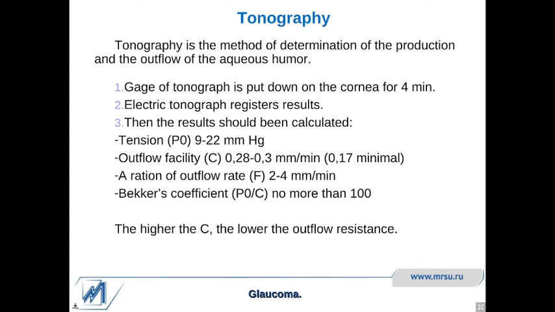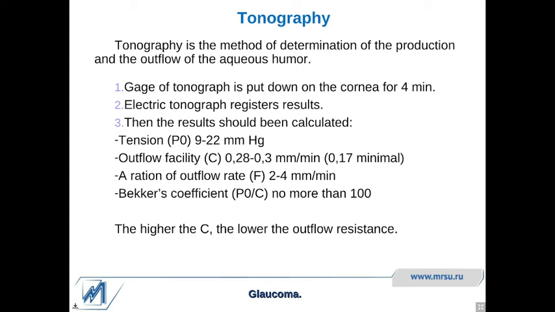Tonography. Tonography is a method of determination of the production and outflow of the aqueous humor, not only tension, but also the characteristics of outflow and production of aqueous humor. There are four points of results. Its tension, P0, is true IOP from 9 to 22 millimeters of mercury.